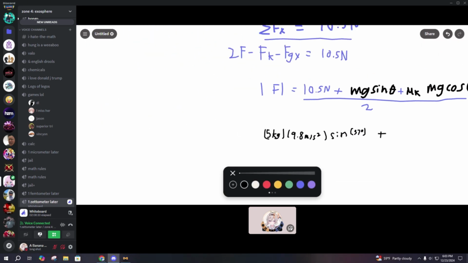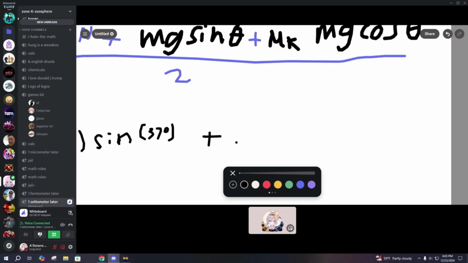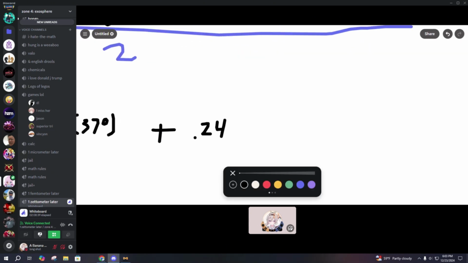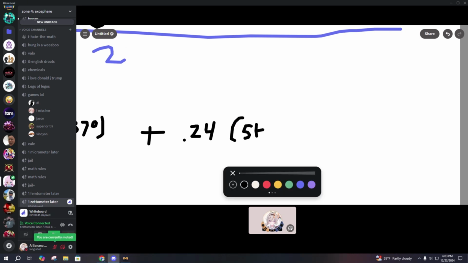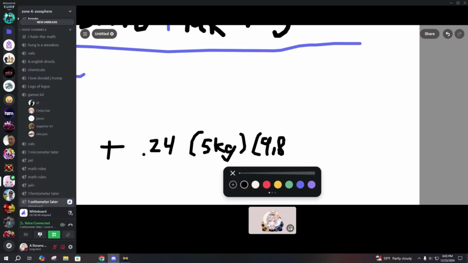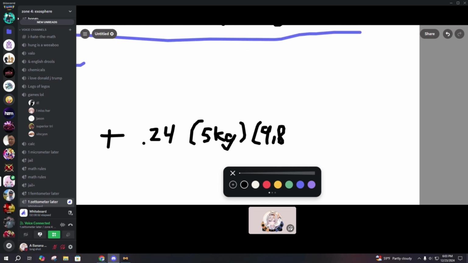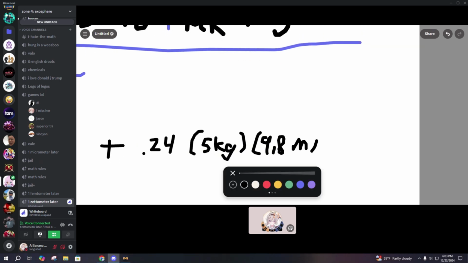Plus mu k. What is mu k? Well, it's 0.24, times 5 kilograms, times 9.8 meters per second squared. That's gravity, not the gravitational constant. Newton's gravitational constant is something else. It's just gravity.